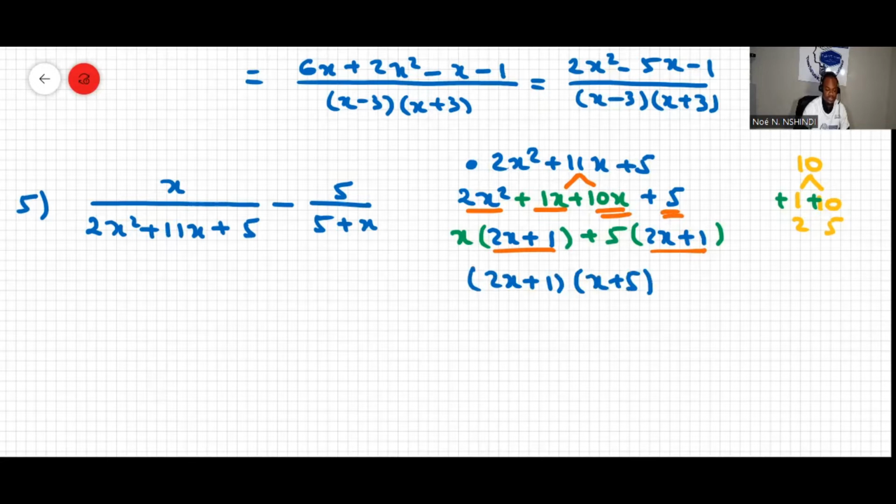Now we factorize this. I can now write over here 2x plus 1 in the bracket like that, and then x plus 5 there under x, and then minus 5 over 5 plus x, same thing as x plus 5.